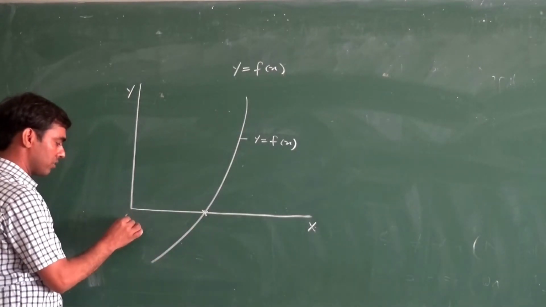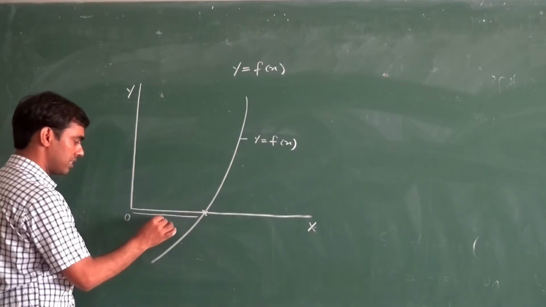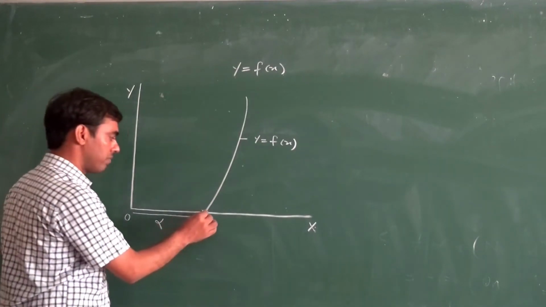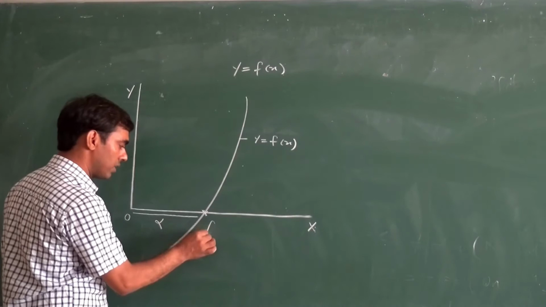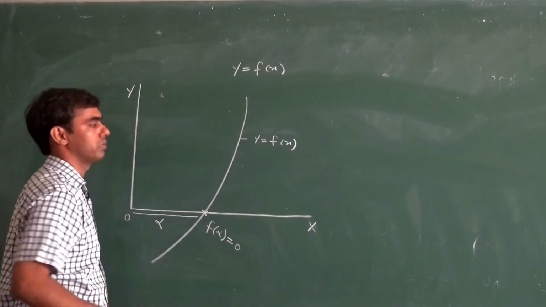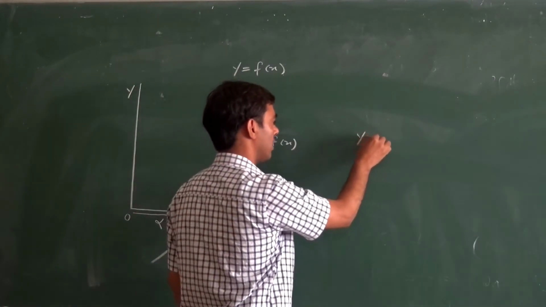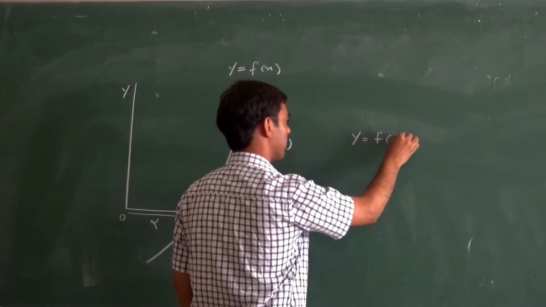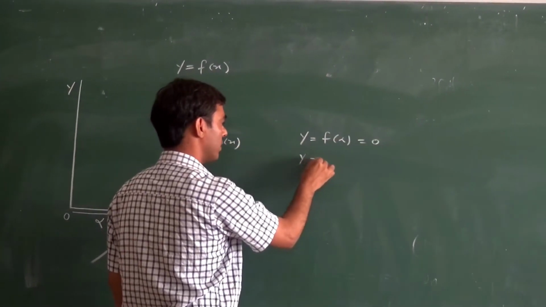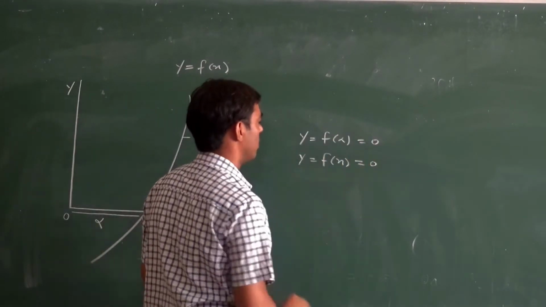Suppose this one is the origin, and the distance of this point is alpha. So what is the value at this point? The value at this point is f(alpha), which is equal to 0. So we say that y equal to f(alpha) equal to 0. In general, y equal to f(x) equal to 0.